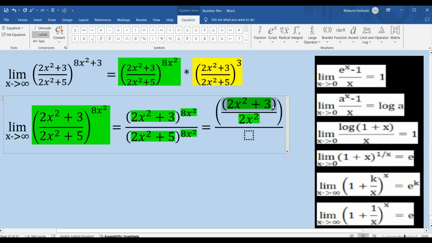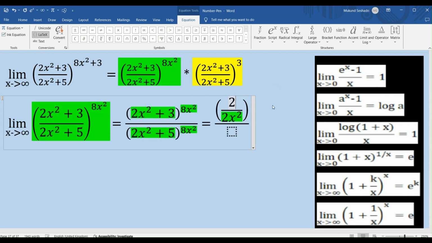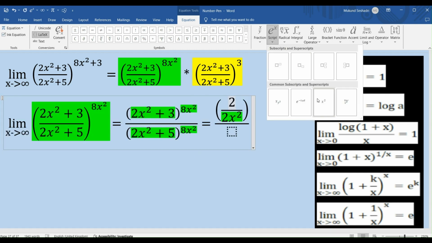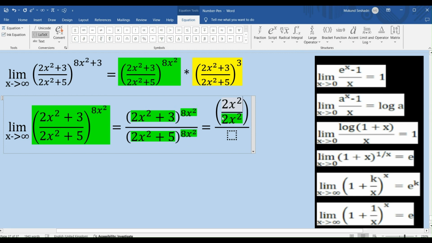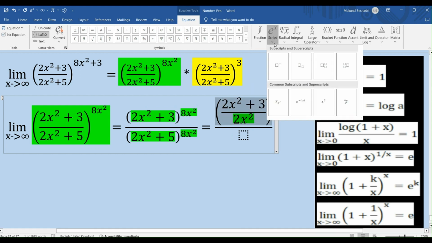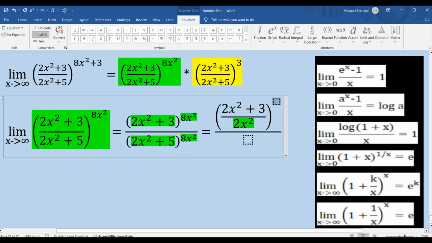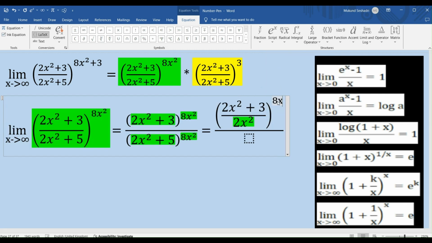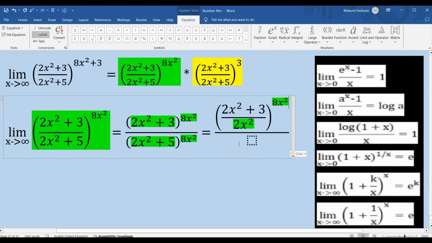Let me remove these brackets, okay? Just a minute. 2x square plus 3, right? I'm dividing it by 2x square. I'm going to be doing that in the numerator and in the denominator, right? And I'm going to retain this 8x square, folks, right? And I'm going to do something very similar in the denominator.